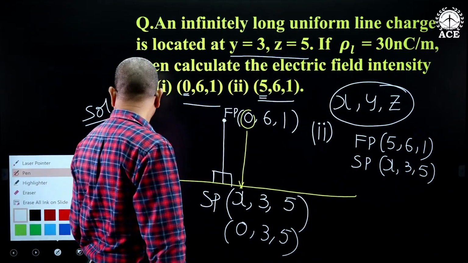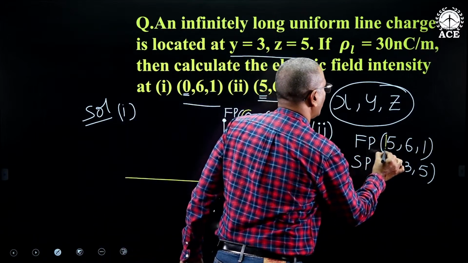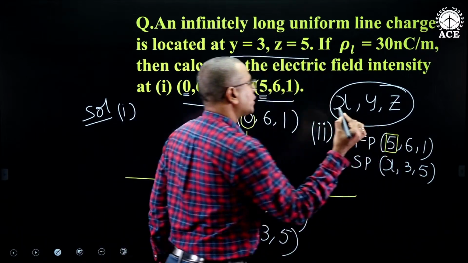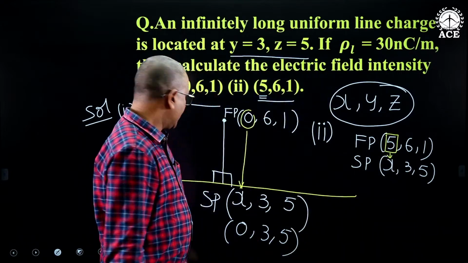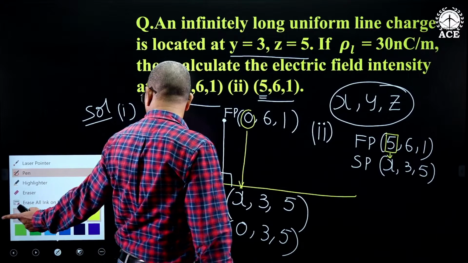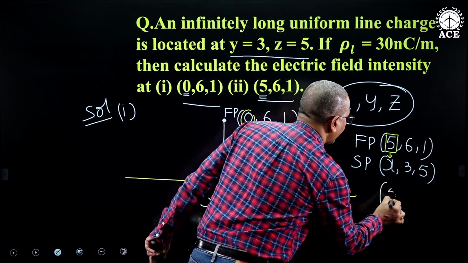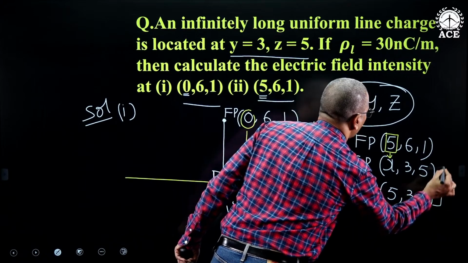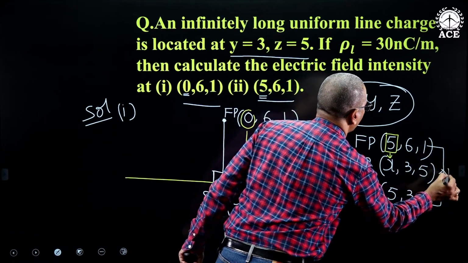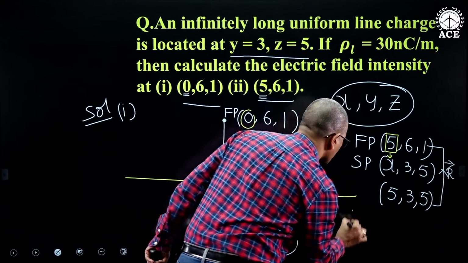Now who is missing here? X is missing. How do you get the X coordinate? By dropping the foot of the perpendicular from the field point onto the source point. Dear students, tell me what the new coordinates are. 5, 3, 5. So how do you get the displacement R bar? Tell me, dear students, what is R bar?